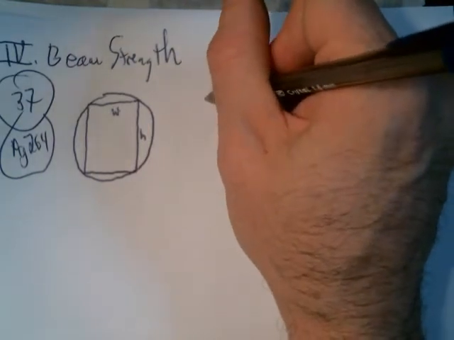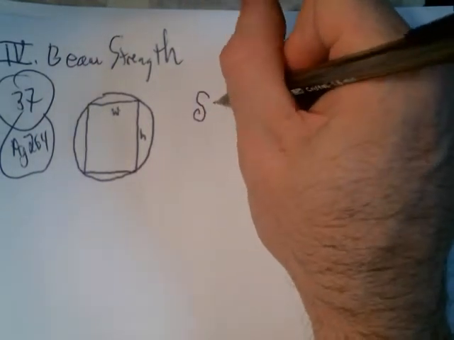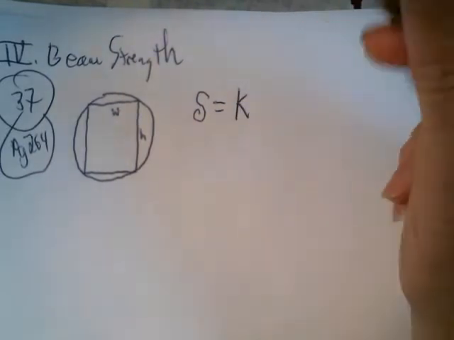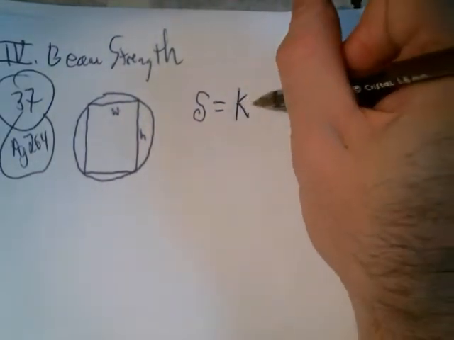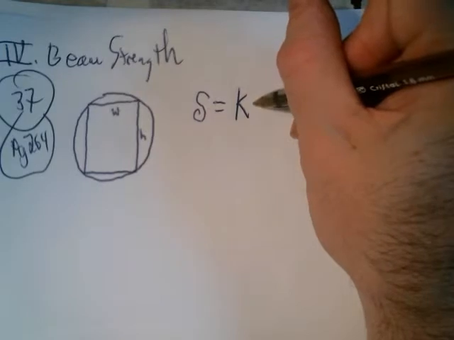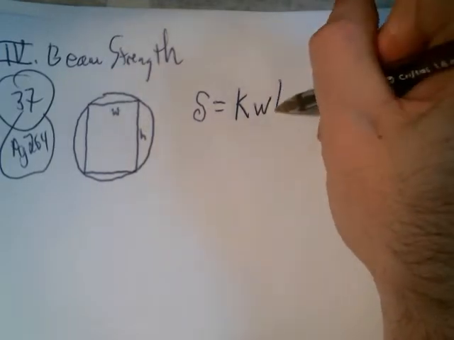So we'll say the strength S is proportional, directly proportional, so you're multiplying by a constant, times the width times the square of the height.